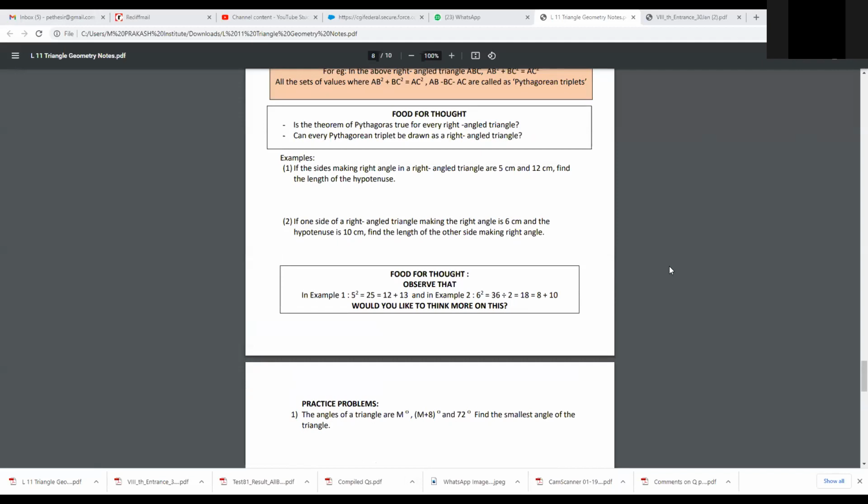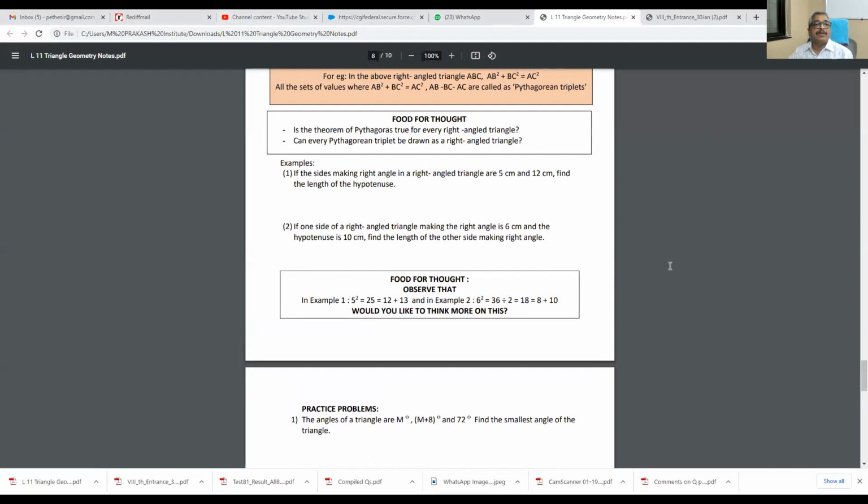This is a simple question. Wait, I have to annotate now, with blue color. Suppose we have a right angle triangle whose one side is 5, another side is 12. Can you see? Hopefully, yes.